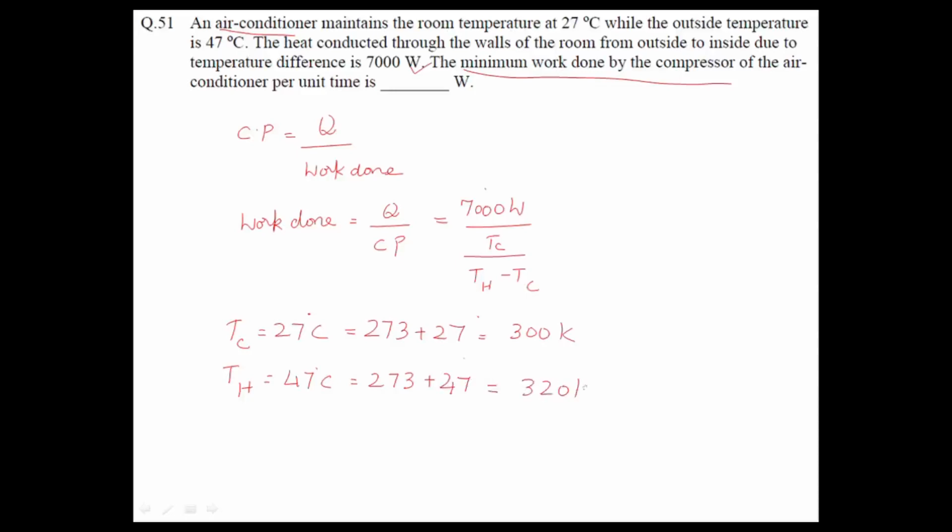So now substitute the values. That is 7,000 divided by 300 divided by 320 minus 300. Now when you simplify this, you will be getting work done as 466.66 watt. So the answer is 466.66 watt.